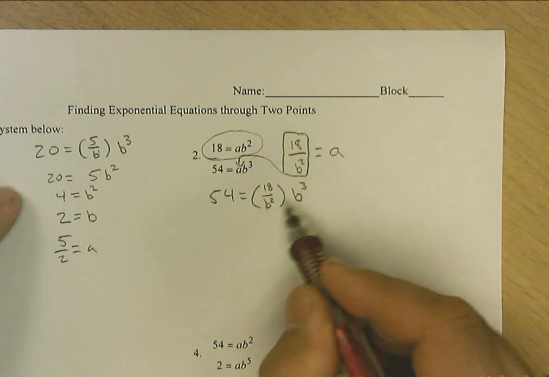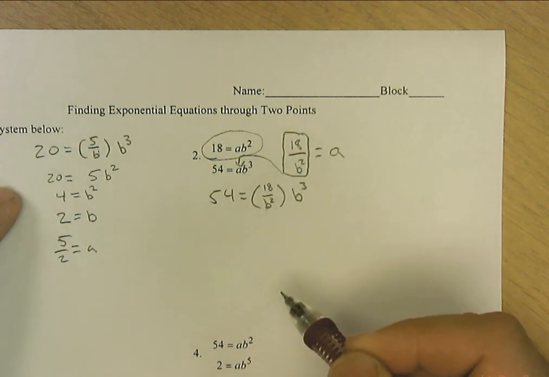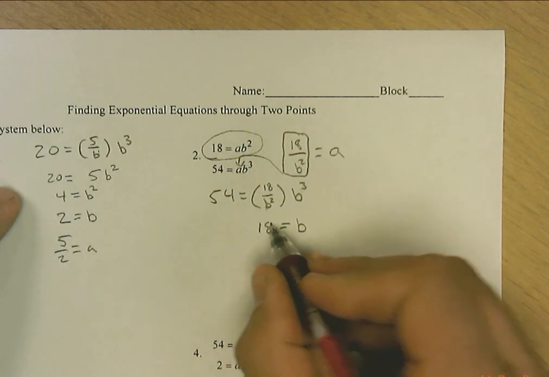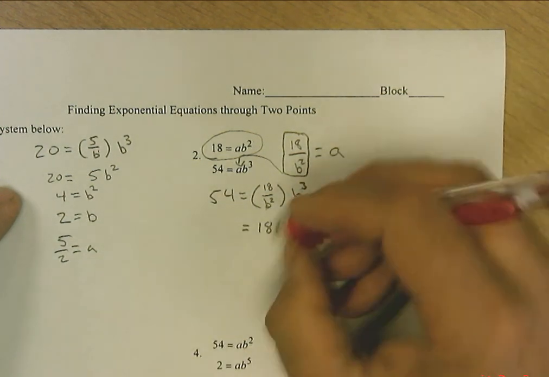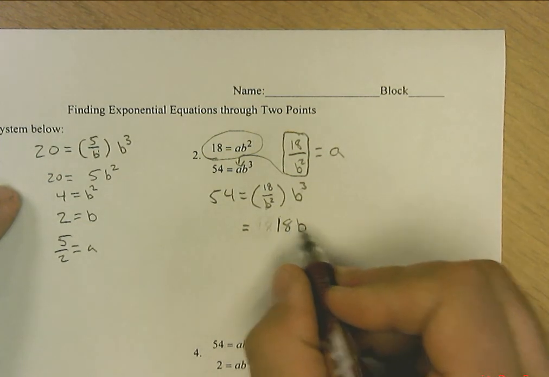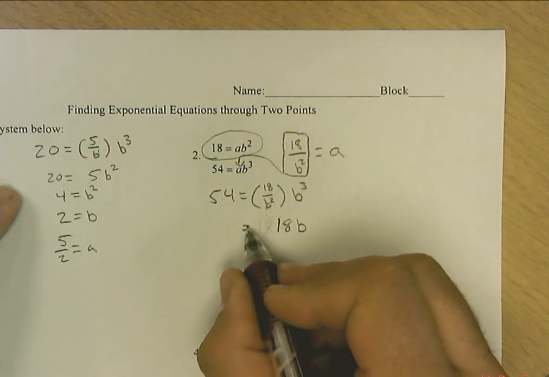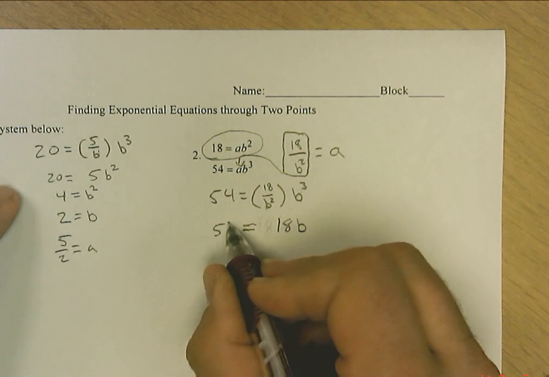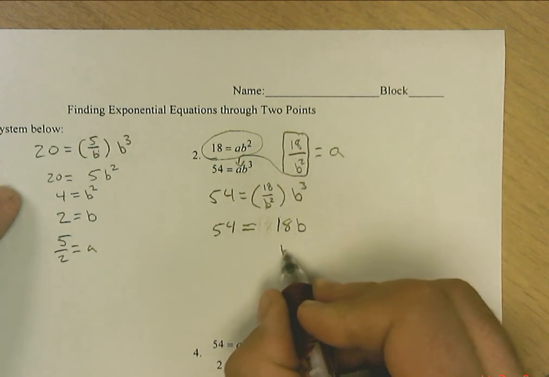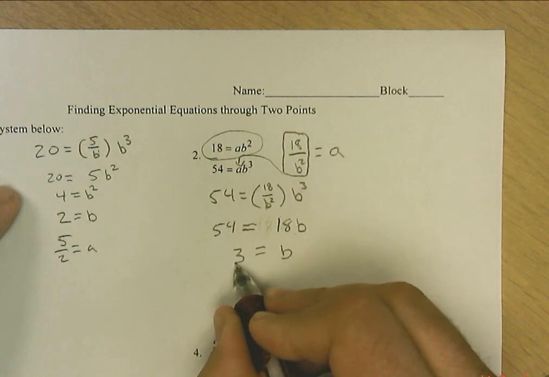B to the third over b to the second gives me just plain old b. So 18 times b is equal to my 54. Then I would divide by 18 on each side. And I get b equals 3.